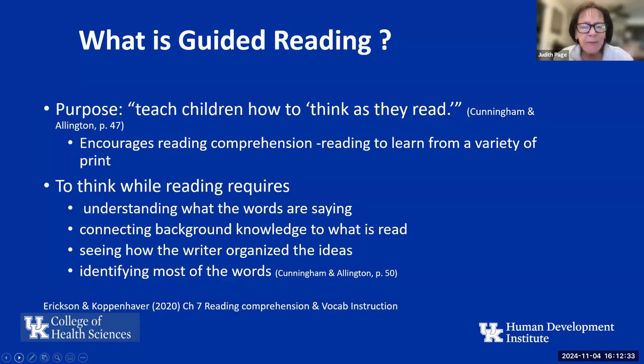It also requires them to get a picture of how the writer organized the ideas in the story, looking for the patterns and the organization. And then the ability to identify most of the words in that particular story. So there are some real specific skills you need to develop to be able to think while you read.